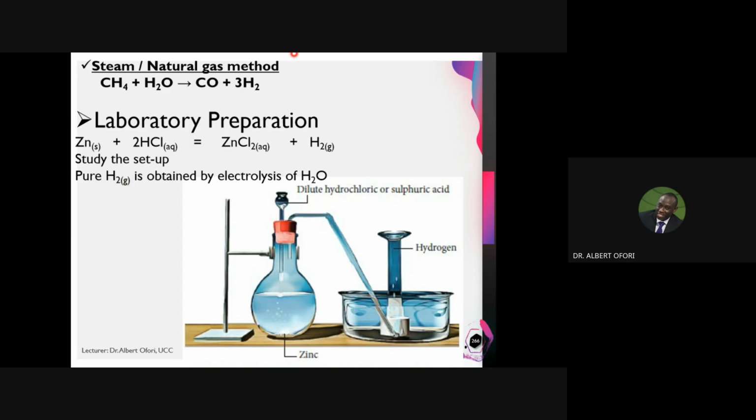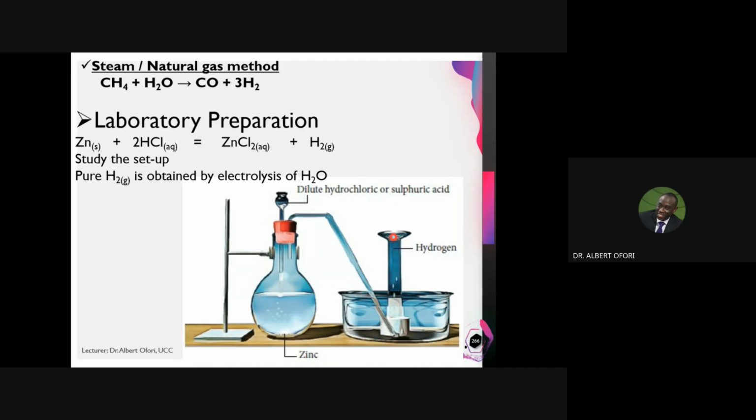Then I can produce hydrogen gas. Hydrogen gas is insoluble in water, so the bubbles bubble through the water. A little bit of shaking or stirring will produce the hydrogen gas, which bubbles through the water and can then be saved.